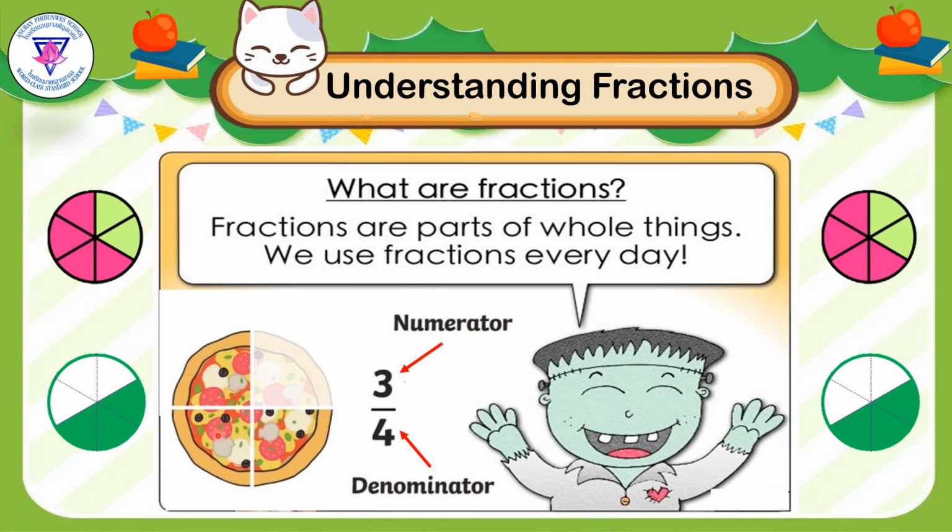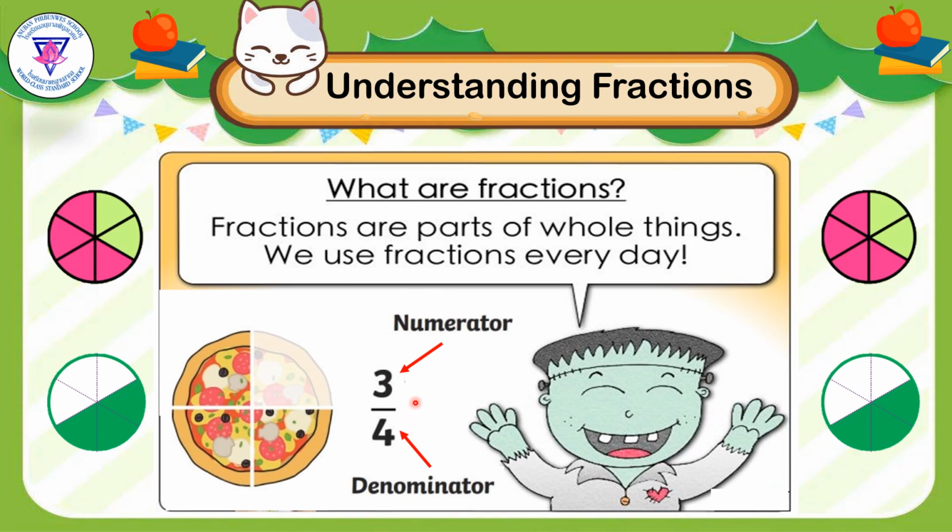So we have 1, 2, 3. I wrote number 3, and I wrote 4 because this pizza is divided into 4 parts. If you write this in fractions, it will become 3/4.